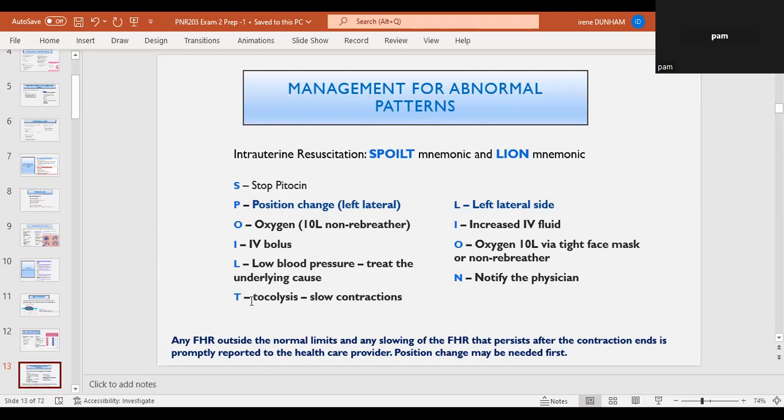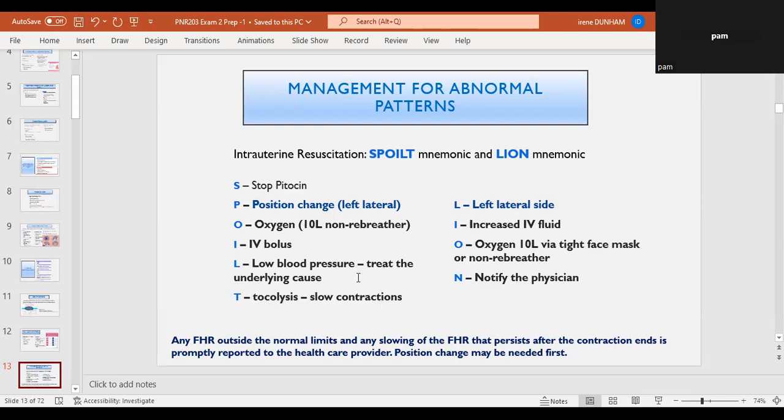And then if I need to, I can give her a tocolytic, which slows my contractions down. Maybe she got hyperstimulated or came in with hyperstimulation contractions and the baby's not tolerating those contractions every minute and a half. So I'm going to give her tocolysis, which could be some terbutaline.